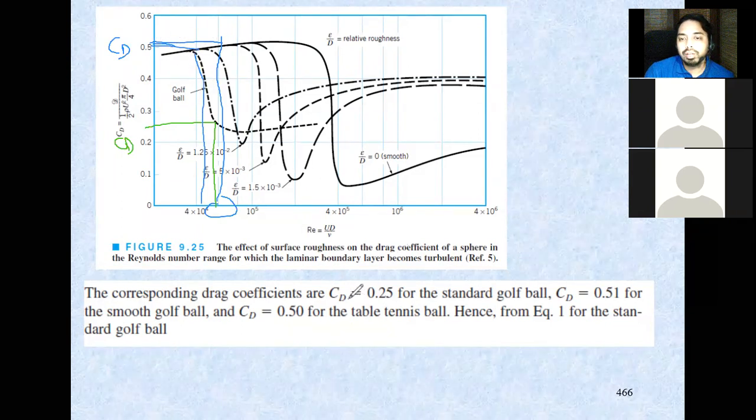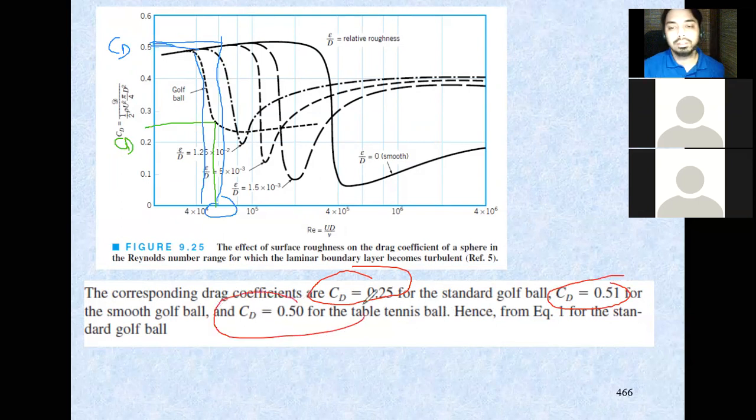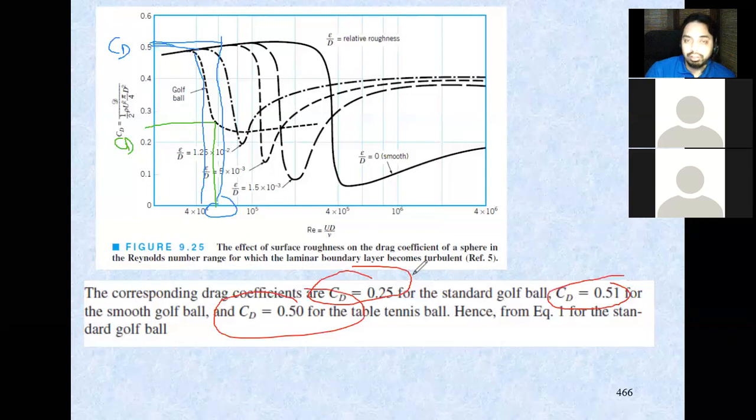So you have different drag coefficients for the standard golf ball with dimples, the smooth golf ball, and then this is for the table tennis ball. As you can see, it's illustrated here. You have actually half the drag force compared to a smooth one.